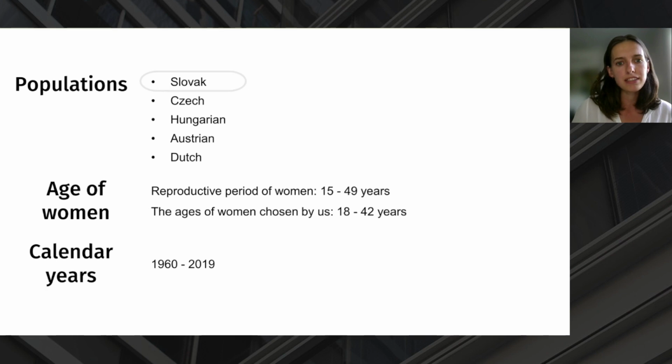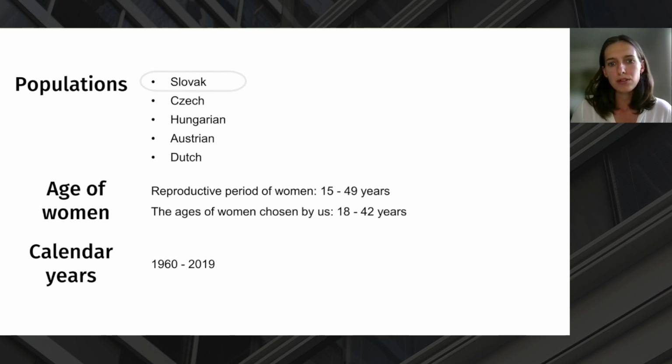To compare the quality of the models, we chose a consistent age and time range for the data. The specific fertility rate is typically calculated within a woman's reproductive age, which falls within the range of 15 to 49 years.